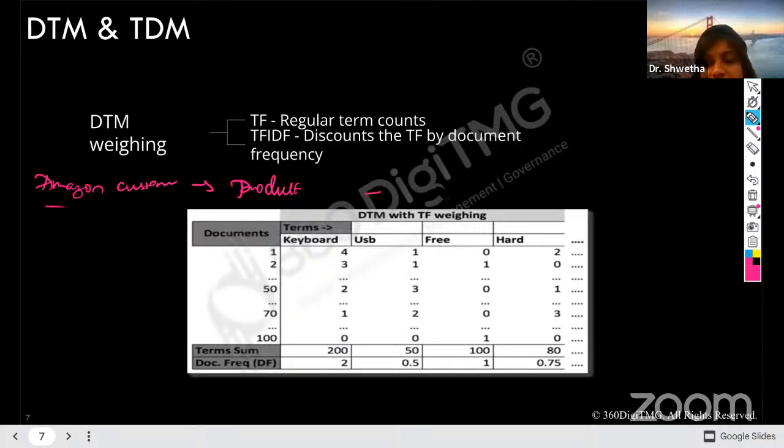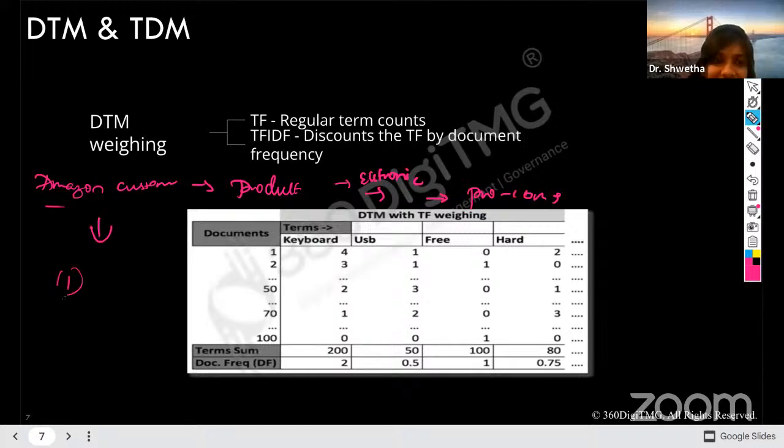Say the product is an electronic product and you want to understand what the pros are, what the cons are, which part of it is most talked about in the reviews, or what people are looking out for in the product. All these things you can get from the reviews. But if there is a whole chunk of reviews, it becomes difficult to go through each review and come to a conclusion.